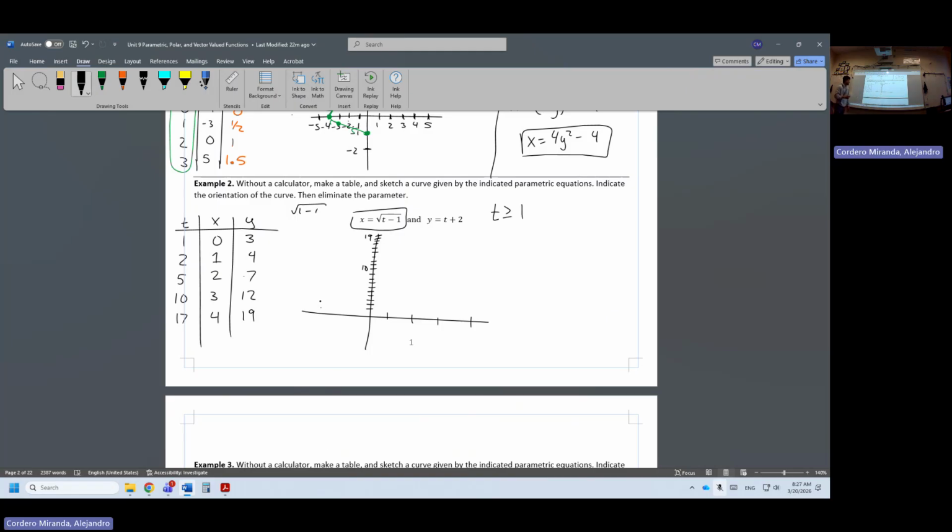Cool. Okay, and then here's me graphing 0, 3. 0, 3. 1, 4. 2, 7.